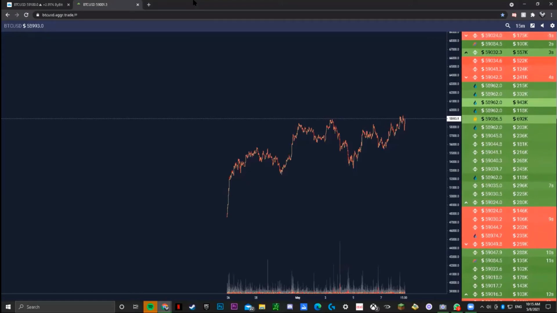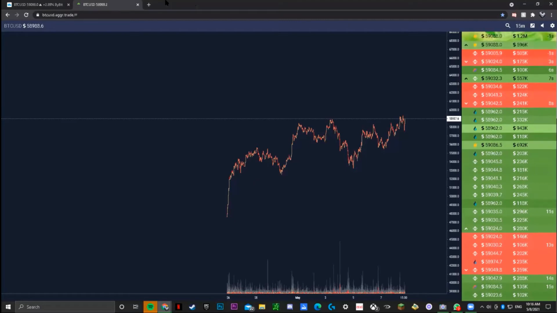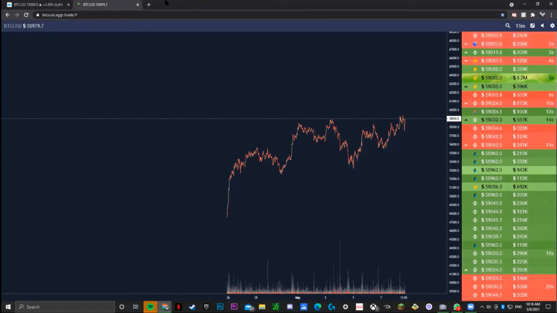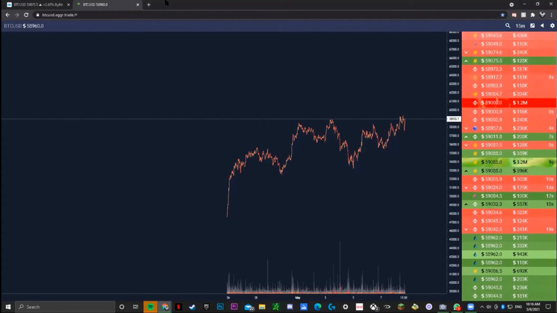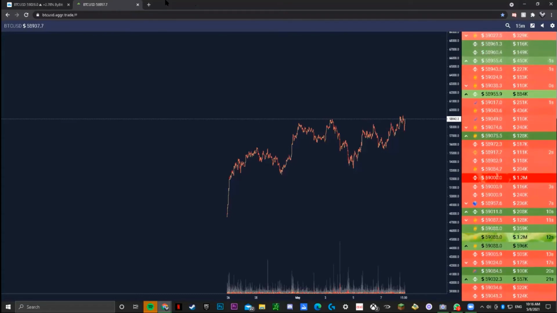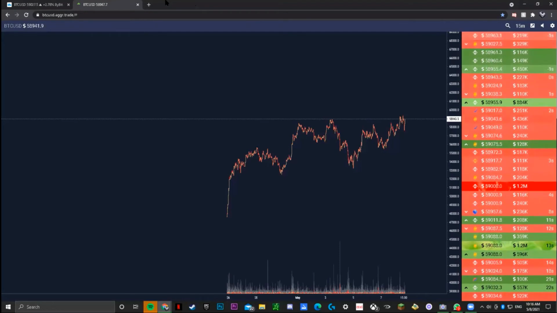The bigger trades on XRP are more like 500,000, whereas on Bitcoin, $1 million's nothing. So it's just kind of fascinating to see where the big money's trading versus smaller volumes in terms of the big traders going in on some of the altcoins.